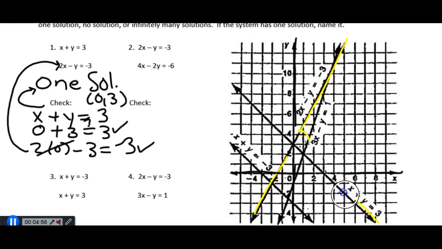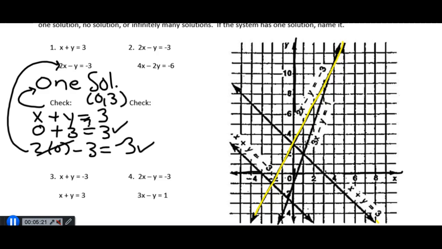Okay. Now we're looking at two different equations, so I'm going to erase that. And we are looking at 2x minus y equals a negative 3. That's the one that actually we just did look at. And this next one, 4x minus 2y equals a negative 6. Well, I don't see that on this graph.